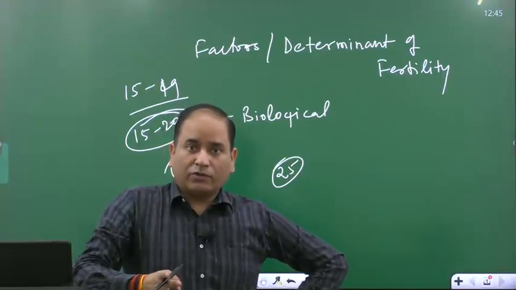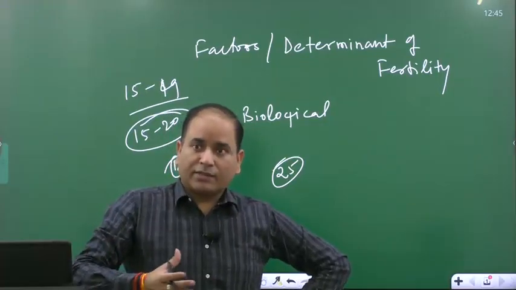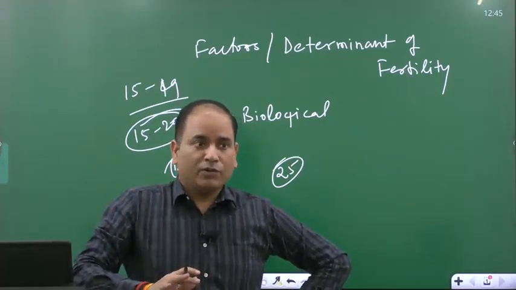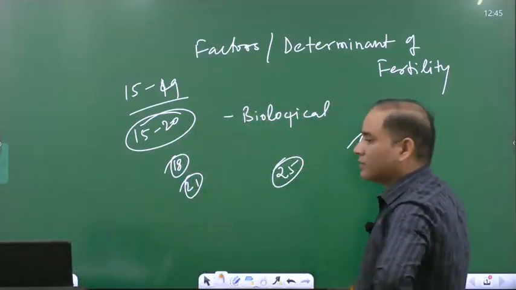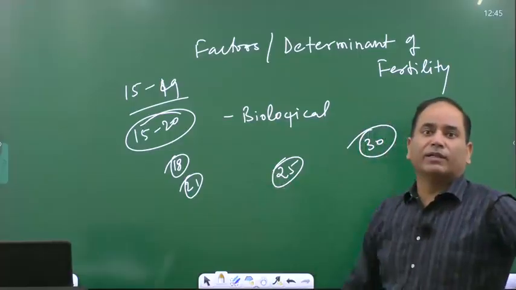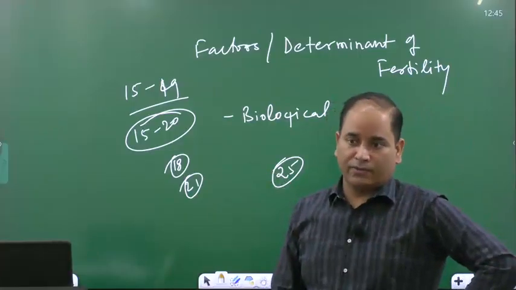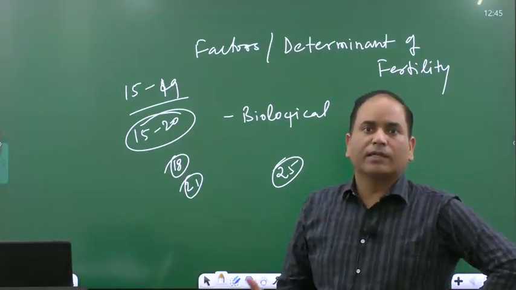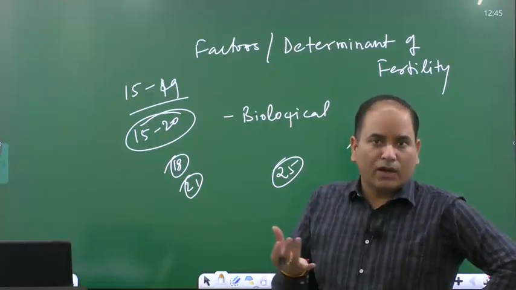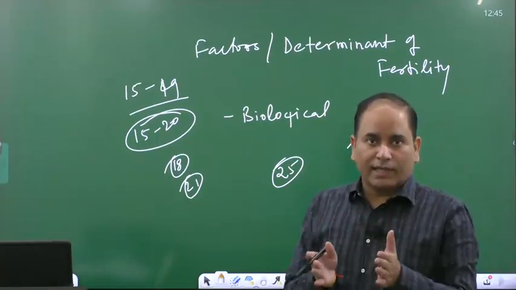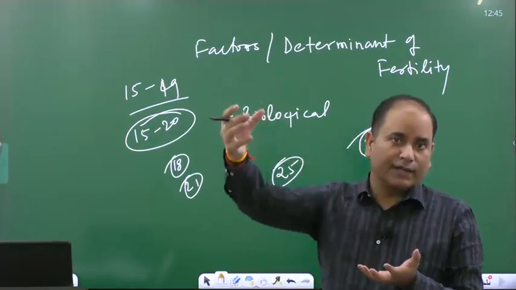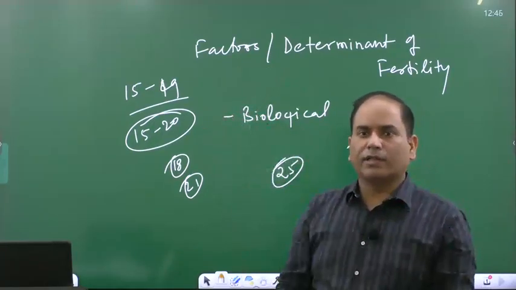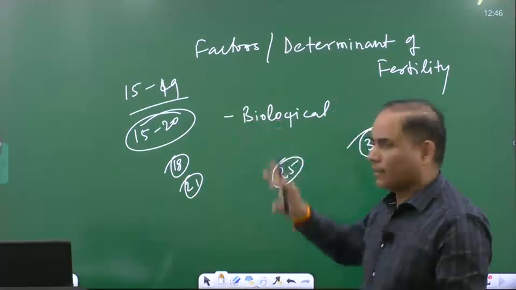If you look at our societies, just 14, 15 years back, if some girl's age was almost 30, it was being tagged that nobody will marry you. But now it is very common to have 30, 32 years as a normal marriage age. So what is happening when the girl is marrying late? It's quite evident, that is biological.